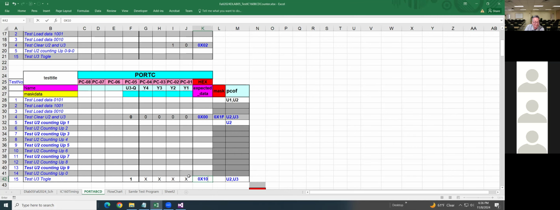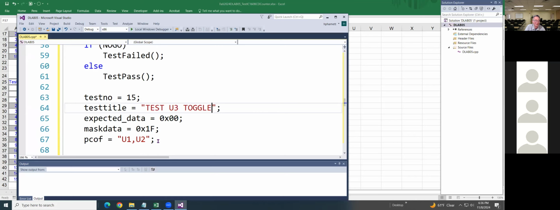Right? Mm-hmm. Yes. Mask data 15. What mask data equal? 0x10. 10. 0x10. Perfect. Okay. So that you can say expect data 10. Mask data 10.